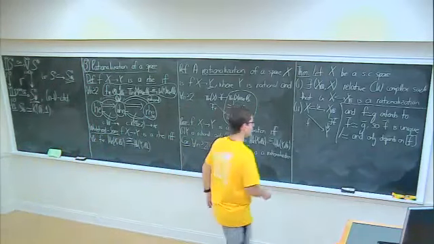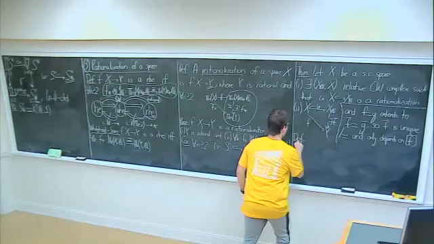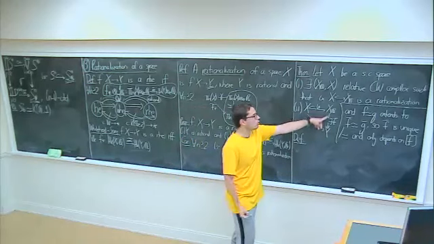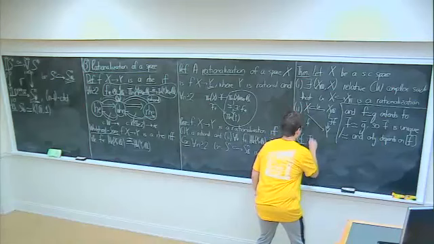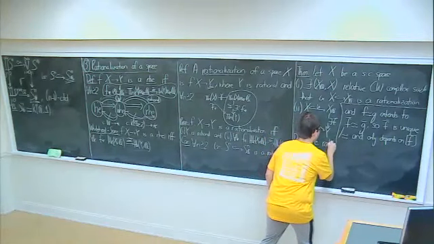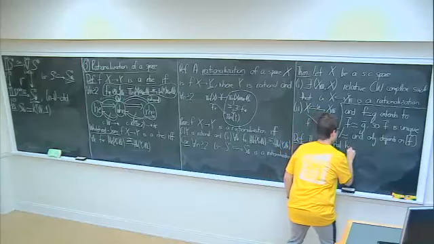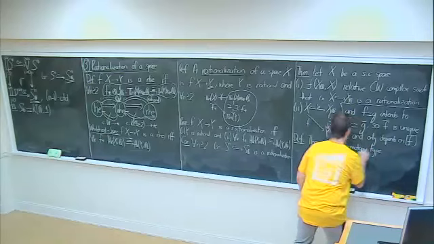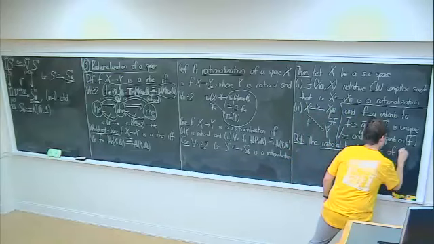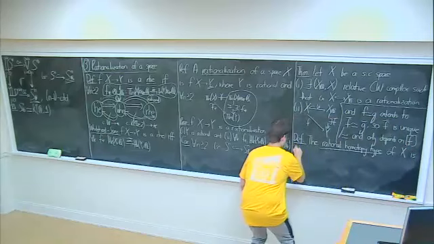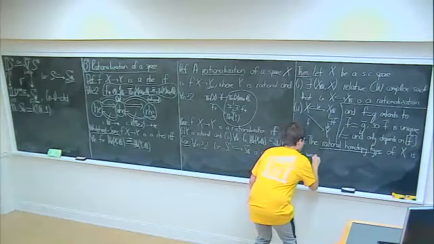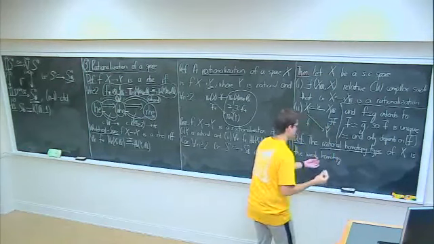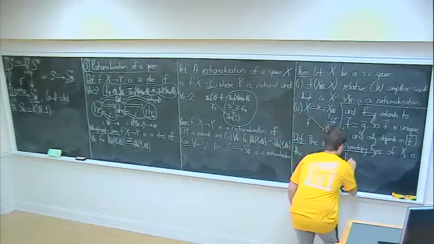And now using this theorem, I can define the rational homotopy type of a space. I can define it as the weak homotopy type of the rationalization. So the rational homotopy type of a space X is the weak homotopy type of its rationalization, a well-defined notion by the universal property.